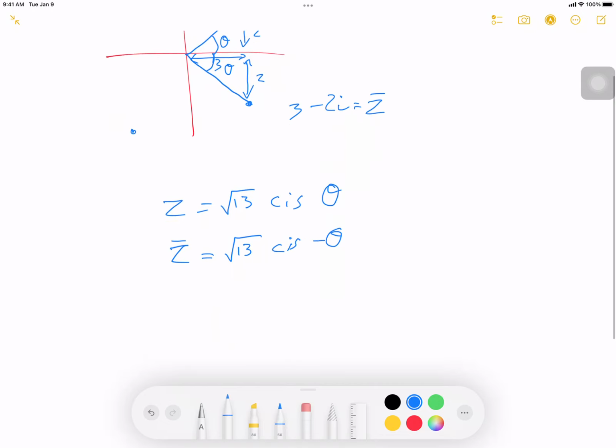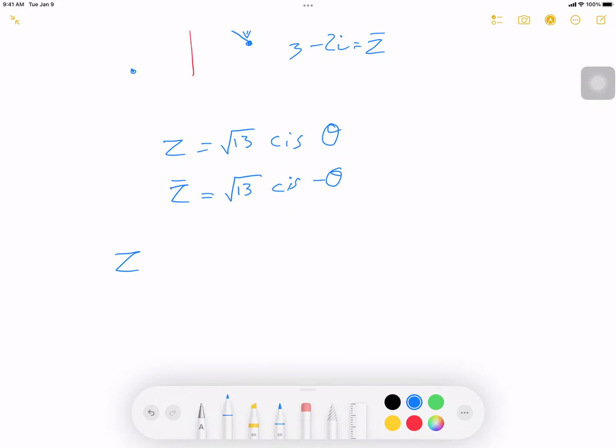Now just think for a second what's going to happen when I go z times the conjugate of z. So I'm going to go root 13, I'm going to multiply the moduluses, and I'm going to add my arguments, or those angles. We're going to add them together. That goes back to the very definition of how you multiply polar numbers.